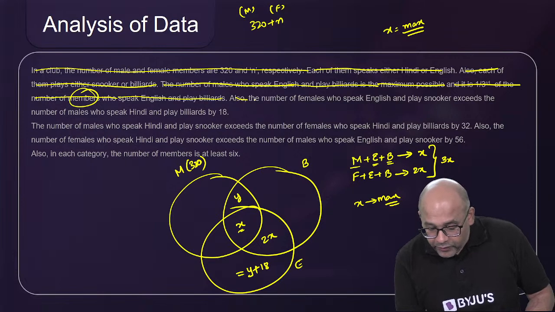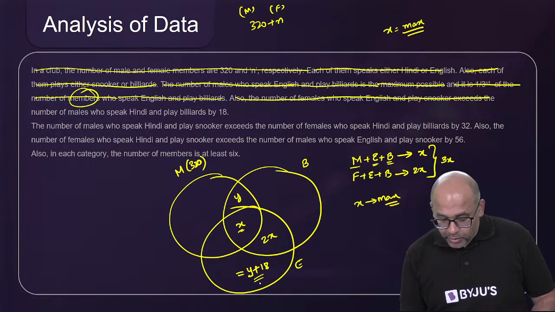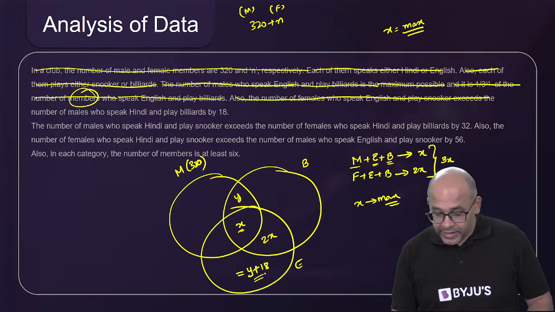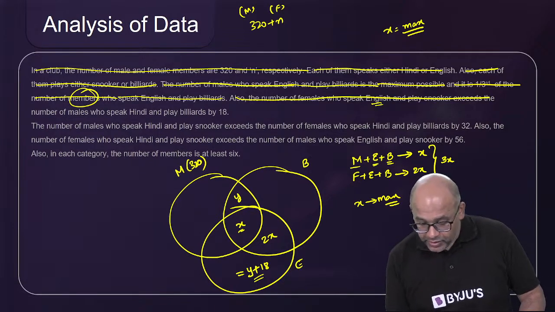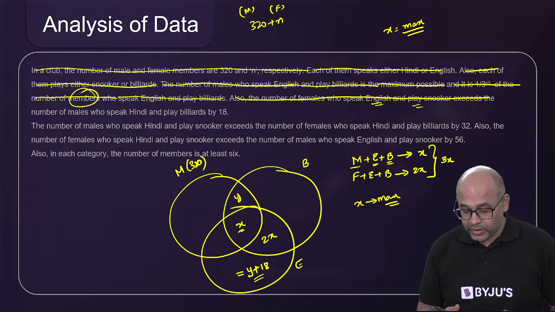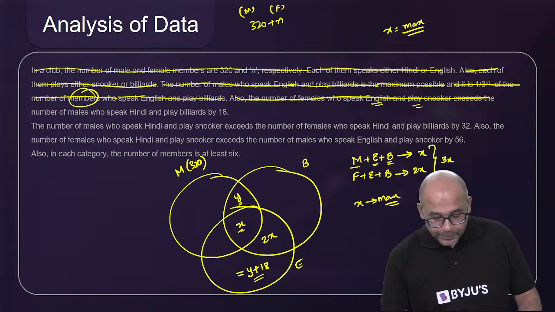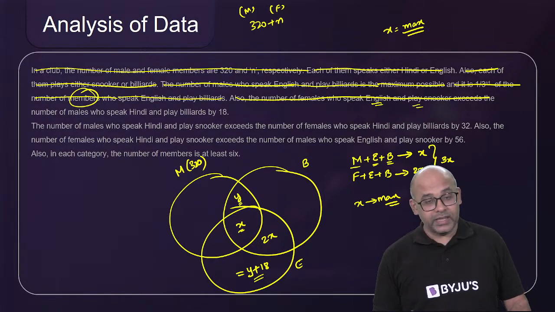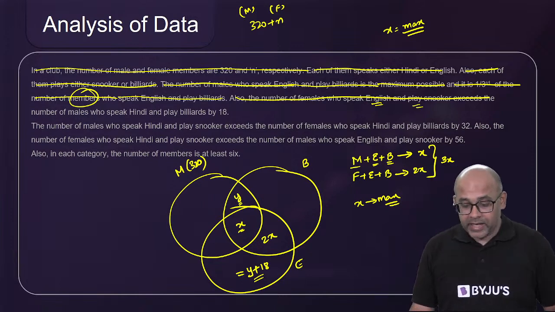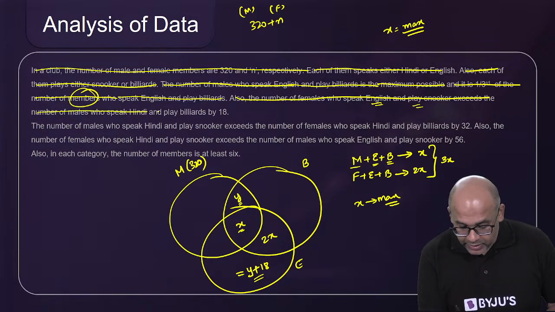Because the number of females who speak English and play snooker, so not male, so female, speaks English and plays snooker, not playing billiards means playing snooker, exceeds the number of males who speak Hindi and play billiards by 18. So y plus 18. So this entire thing is taken care of.